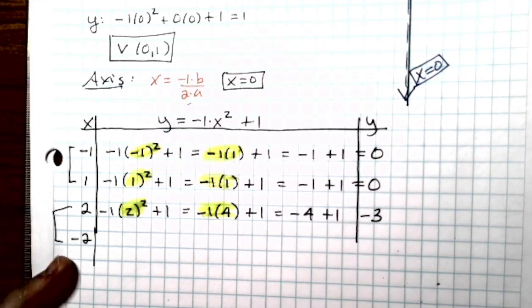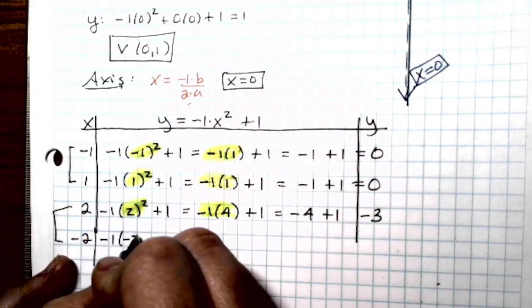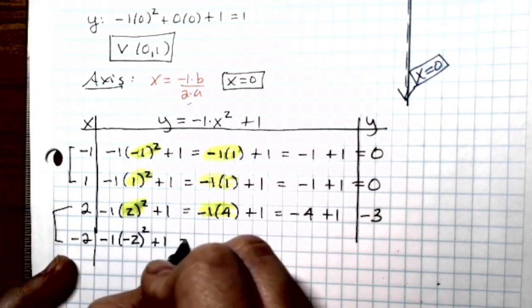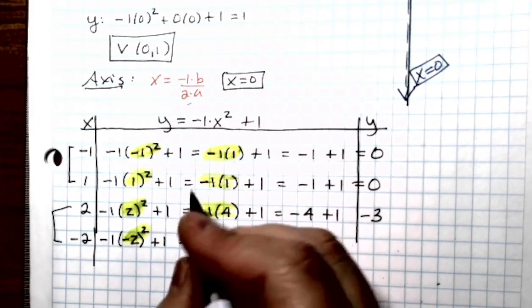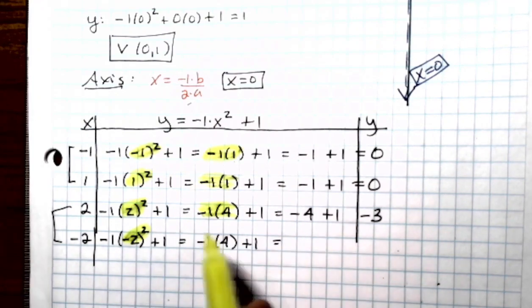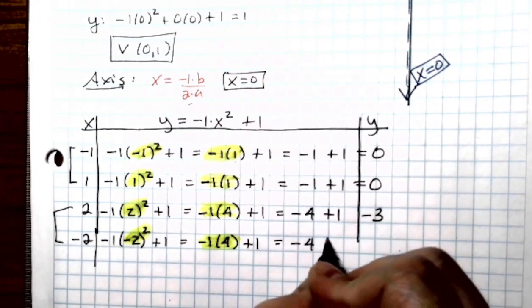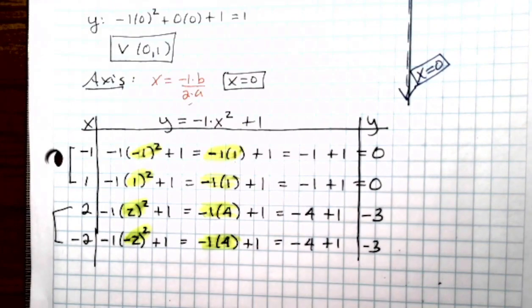All right, let's check ourselves by doing the negative 2. Here we go. Negative 1 times negative 2 squared plus 1. Do the power first. Negative 2 times negative 2 is positive 4. Now you multiply. Negative 1 times 4 is negative 4. And negative 4 plus 1 is negative 3.